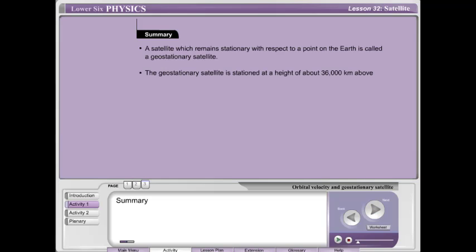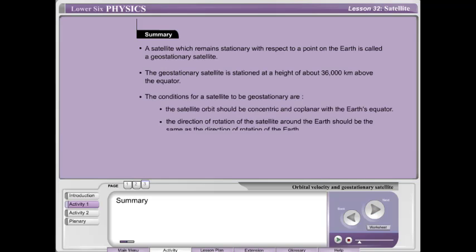A satellite which remains stationary with respect to a point on the Earth is called a geostationary satellite. The geostationary satellite is stationed at a height of about 36,000 kilometers above the equator. The conditions for a satellite to be geostationary are: the satellite orbit should be concentric and coplanar with the Earth's equator.